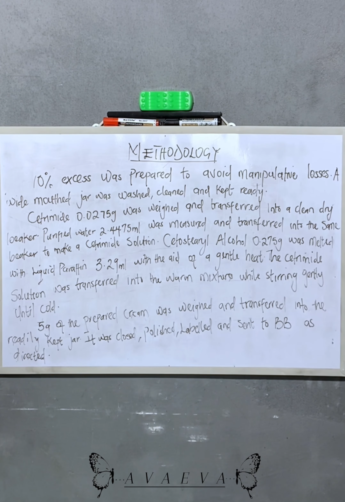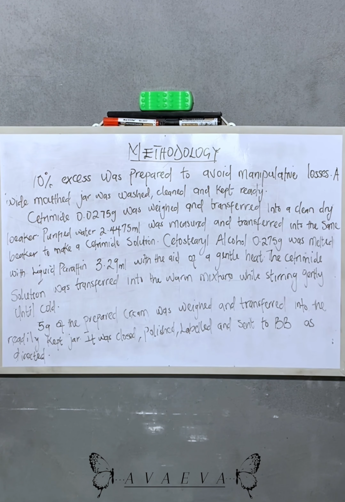Next, you have your methodology, and your methodology is written in form of paragraphs. 10% excess was prepared to avoid manipulative losses. A wide-mouthed jar was washed, cleaned, and kept ready. Cetrimide 0.0275 gram was weighed and transferred into a clean, dry beaker. Purified water 2.4475 ml was measured and transferred into the same beaker to make a cetrimide solution.